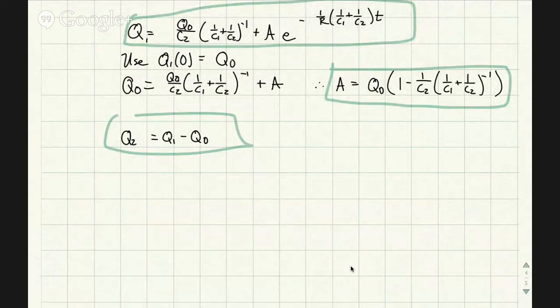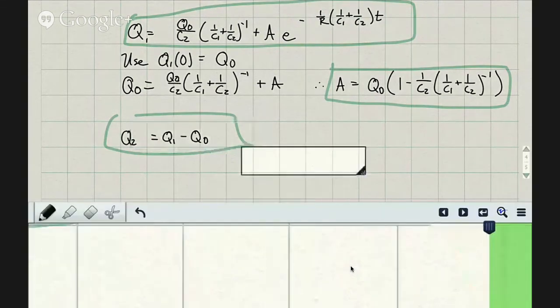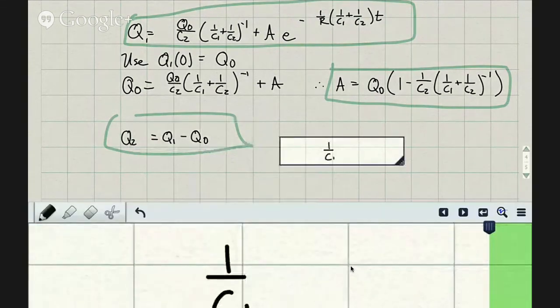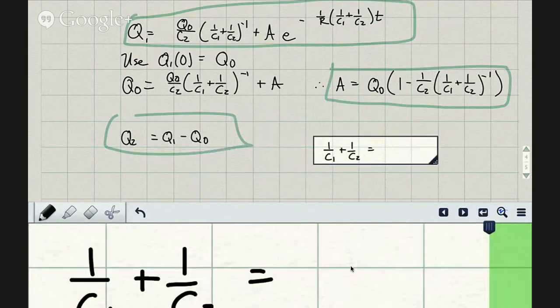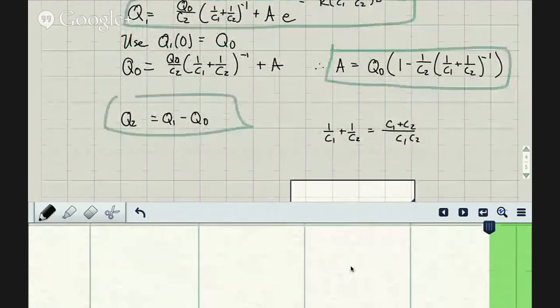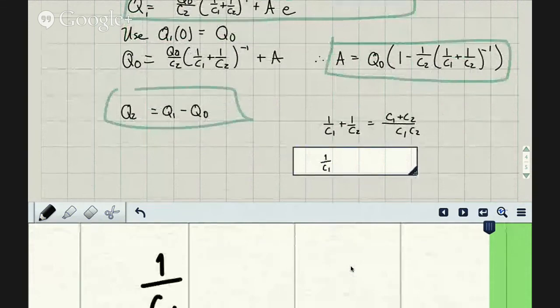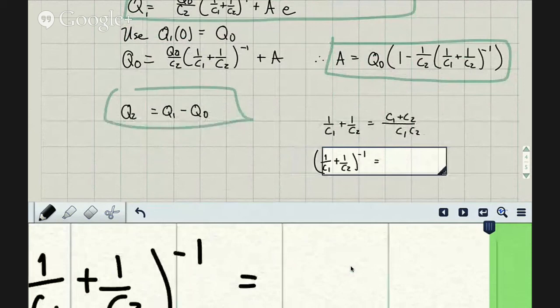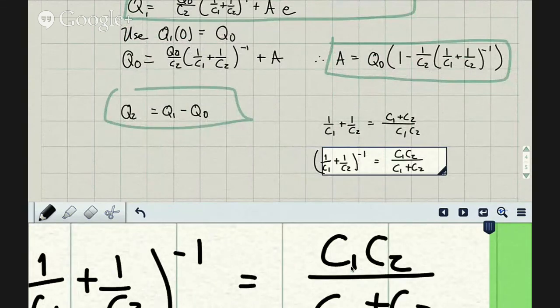Now, you could use the fact that 1 over C1 plus 1 over C2 is equal to C1 plus C2 divided by C1 times C2, right? So that 1 over C1 plus 1 over C2 to the negative first power is equal to C1 times C2 divided by C1 plus C2.